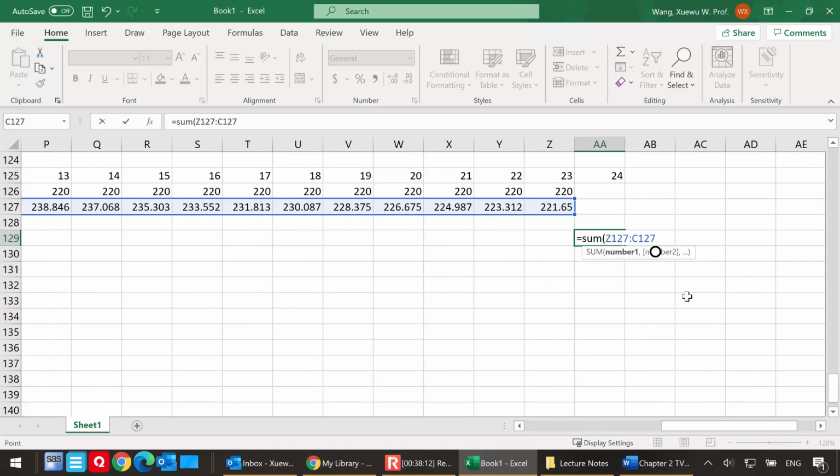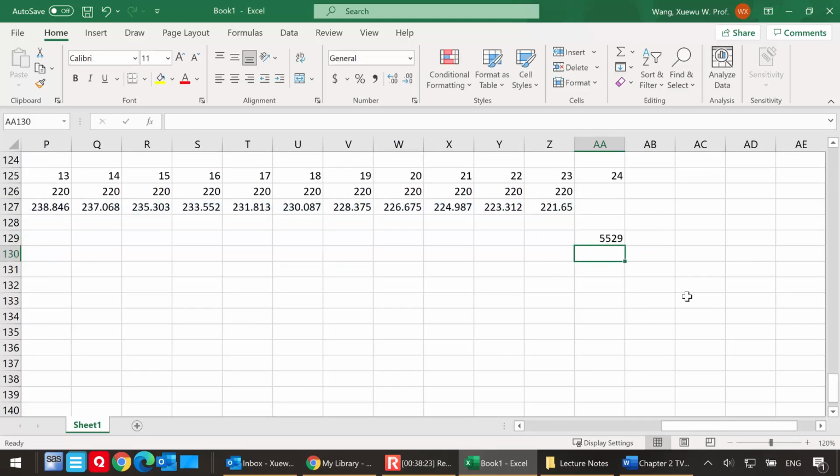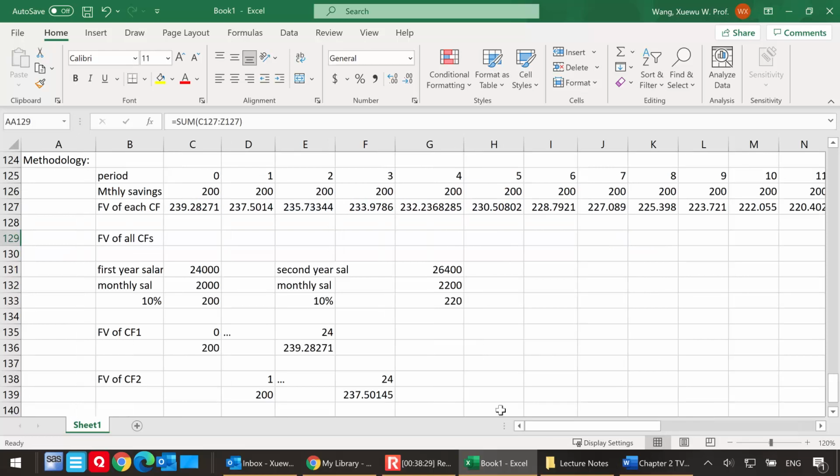Some of you notice that. Can I just do this the opposite way? Can I sum up, parentheses C127 colon Z127? Of course, it doesn't matter. All right, so that's the future value of the monthly savings at the end of 2 years. Okay, $5,529.